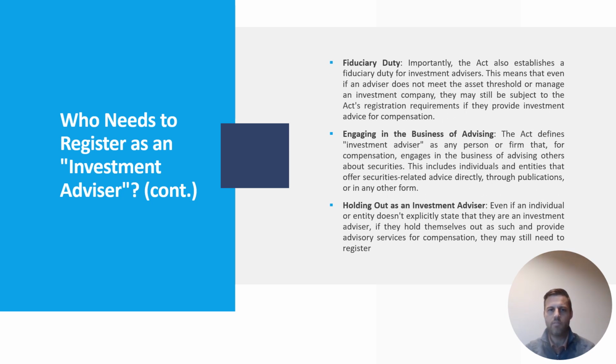Let's keep going. If you get registered as an investment advisor, what does that mean and what happens? So number one is fiduciary duty. The fiduciary obligations owed by investment advisors to their clients are wide and varying. Really, it comes down to, are you acting in the best interest of your client? And when we talk about acting in the best interest of the client, do you understand who your client is, what their needs and financial goals and objectives are, and their risk tolerance, that type of thing?